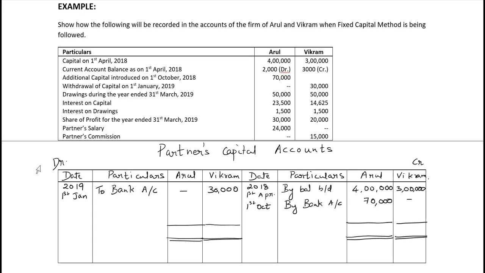Credit side total is greater. Balancing figure for Arul 4,70,000.